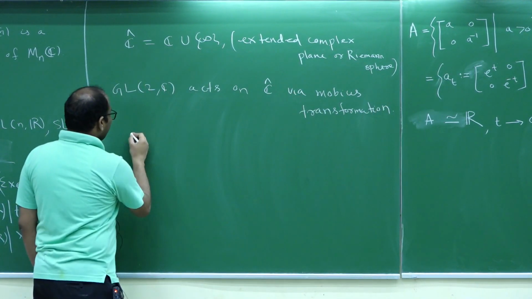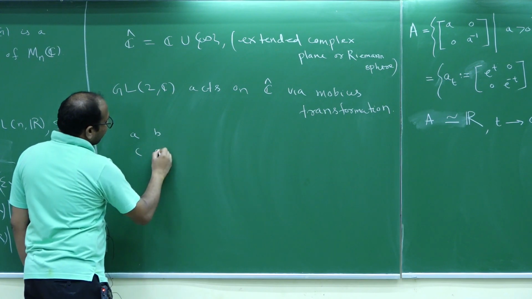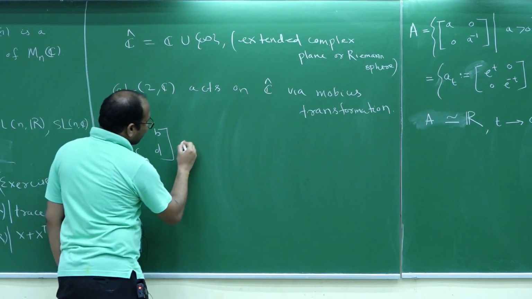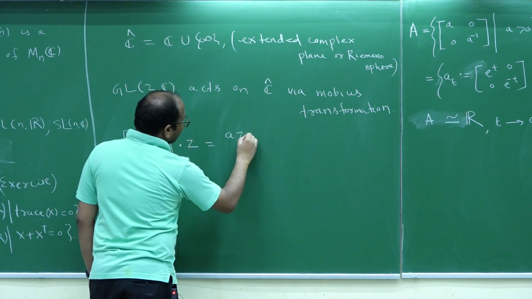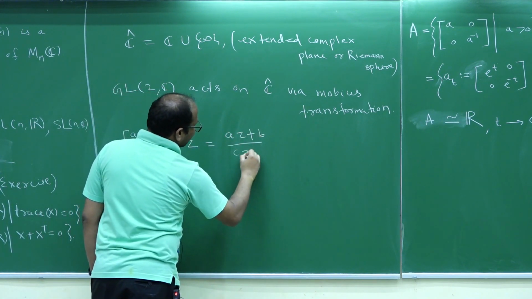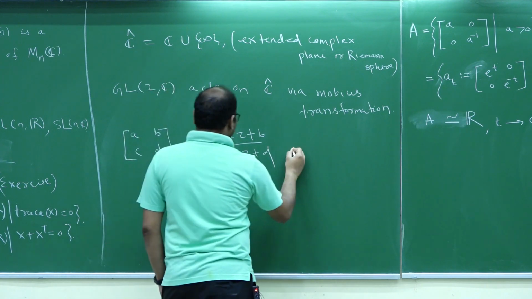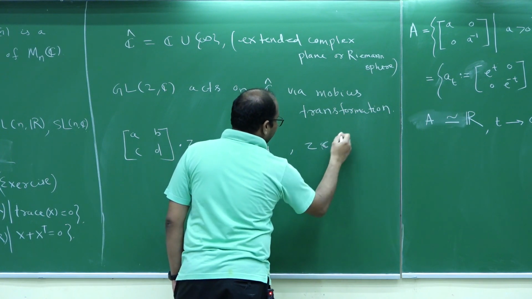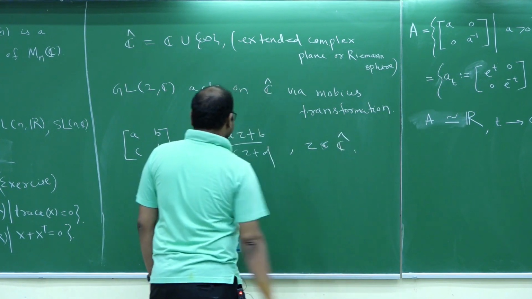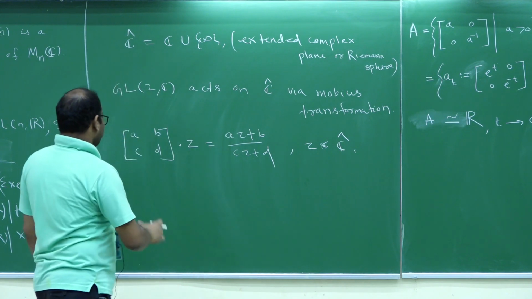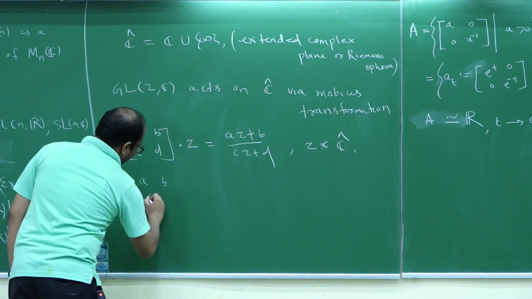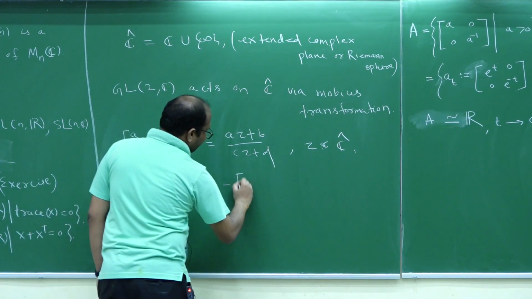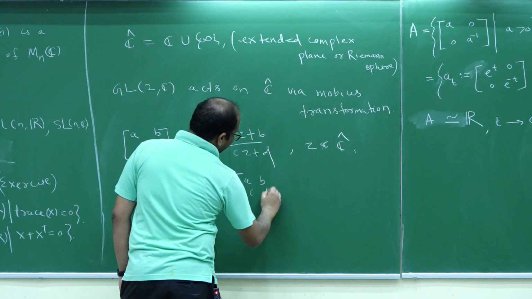So what is the action? If you take (a, b; c, d) belongs to GL(2,C), it will act on z like (az plus b) by (cz plus d), where z belongs to C. And this action is not faithful because (a, b; c, d) dot z is the same thing as minus of (a, b; c, d) dot z.